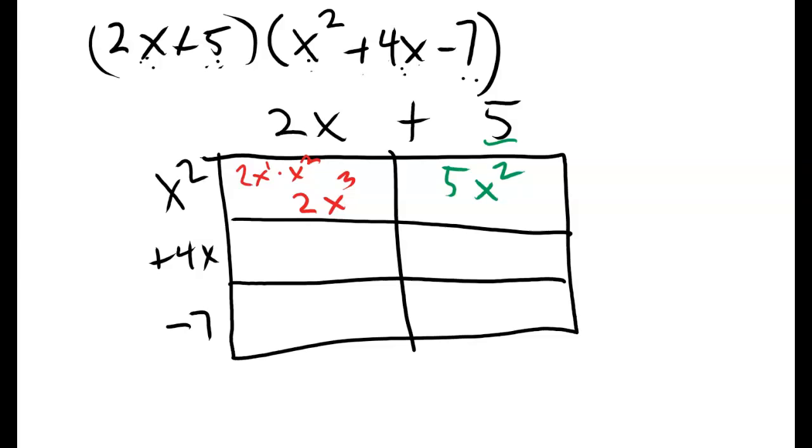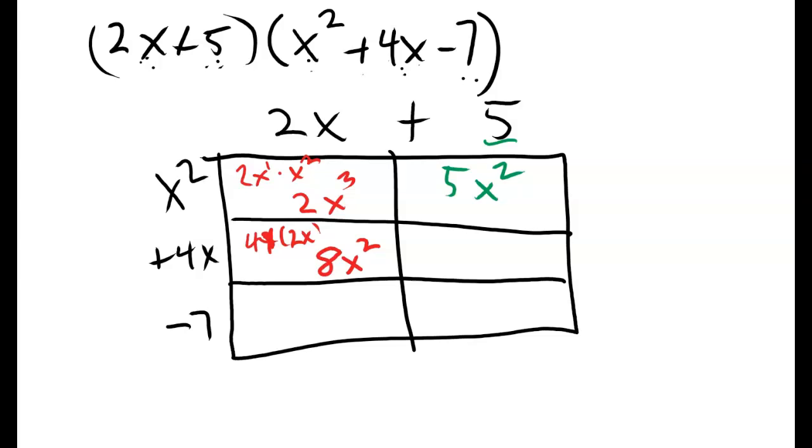And then when I move down to this box here, I have 4x times, that's an x, 2x. So I multiply the numbers together. 4 times 2 is 8, so I get 8x squared. X times x is x squared.